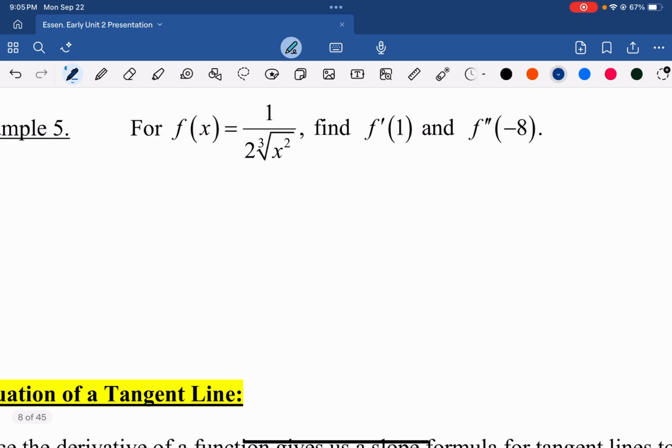So first off, I'm going to rewrite that f of x so that we have not a radical and our powers aren't in the denominator. Okay, so our 1/2 is just going to sit there. My cube root of x squared, I'm going to rewrite as x to the negative 2/3.